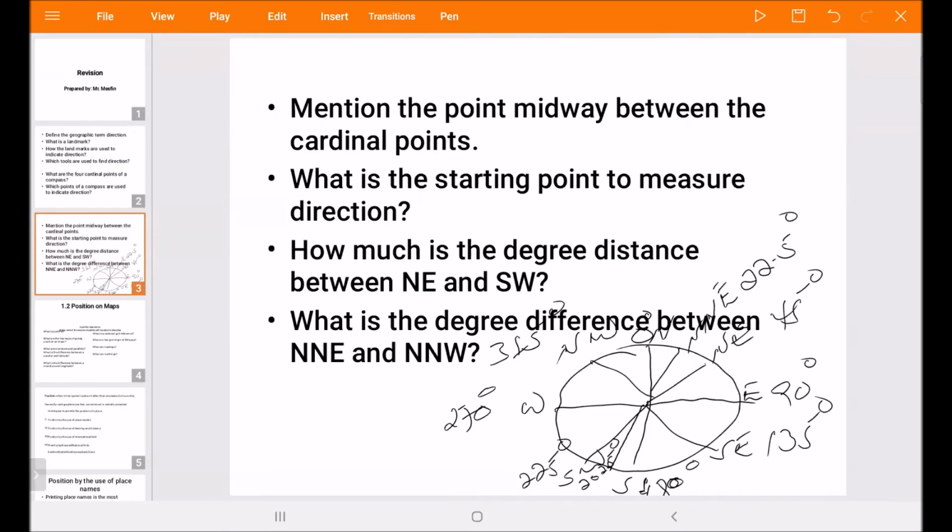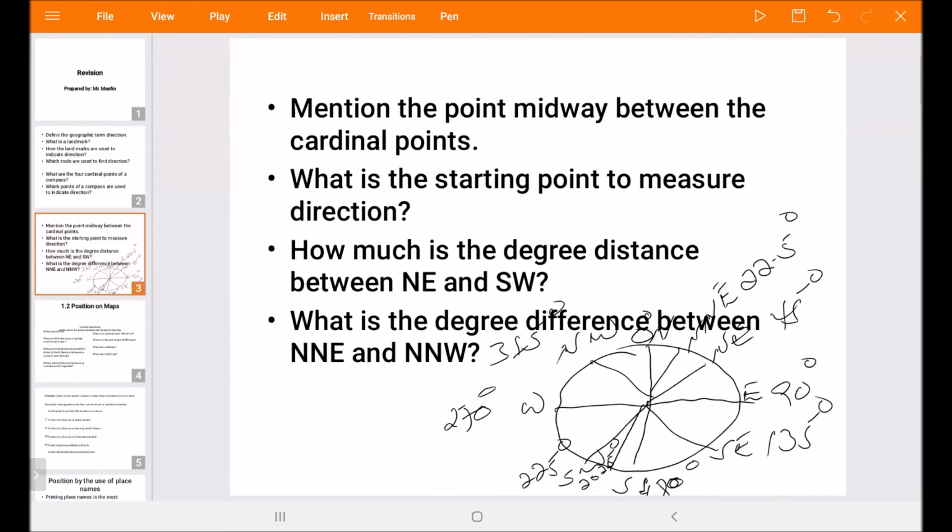So the angular bearing difference between northeast and northwest is 315 degree. This is what we discussed in our previous lesson.